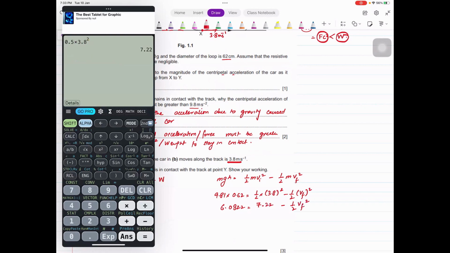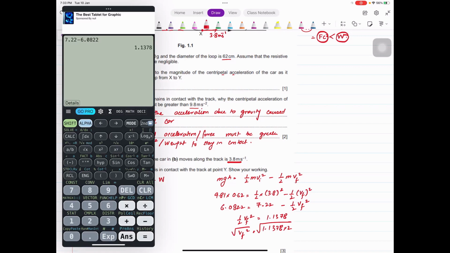Okay, let's do this now. So what you're going to do is 7.22 minus 6.0822. So half vf squared equals 1.1378, and vf is going to be this times 2, under root.